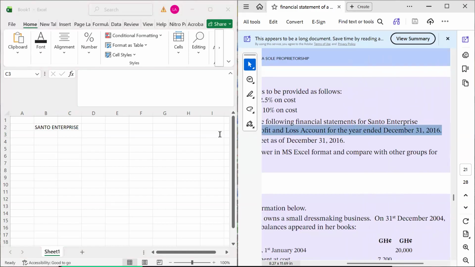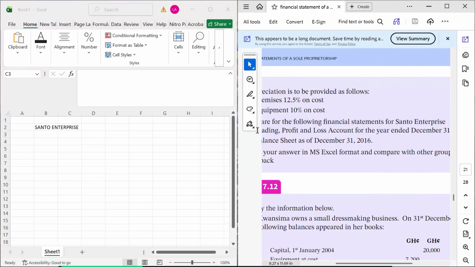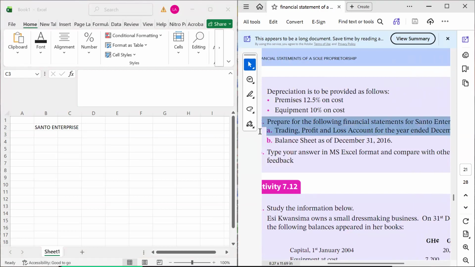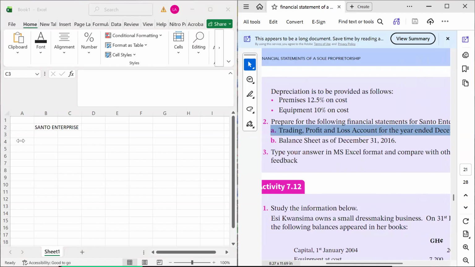You just copy it and paste, maybe in caps. If you state it wrongly, then you can't get a mark for it. But if you state it correctly, then you have a mark for it.